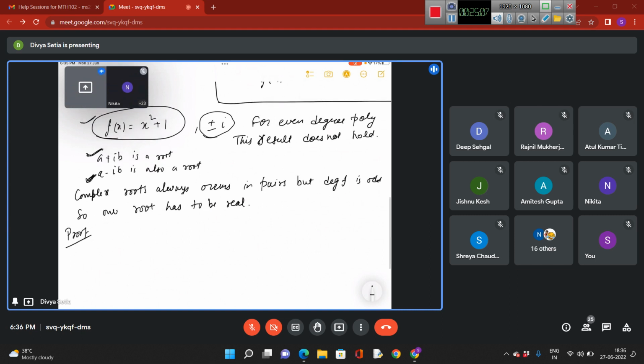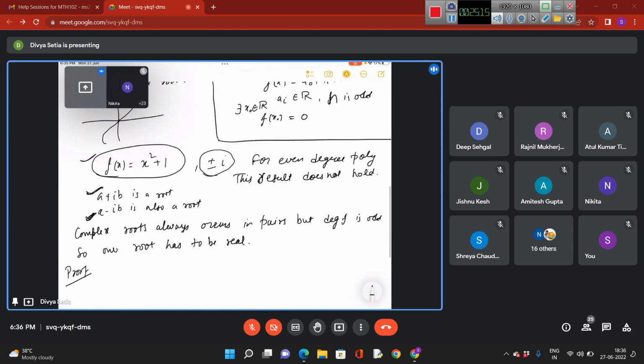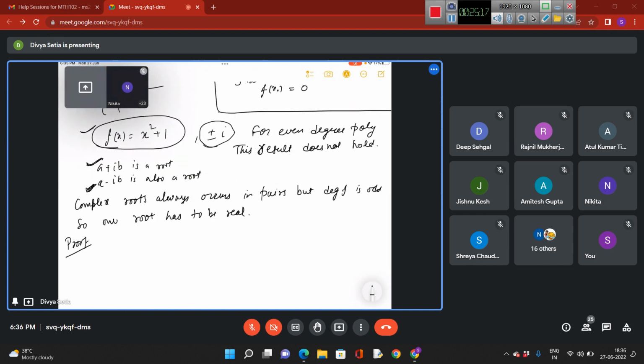Because you cannot prove it by saying complex roots always occur in pairs. That's not the proof, it's just an observation. And since you are doing real analysis, you cannot talk about complex numbers. So what should be the proof which depends fully on real numbers?